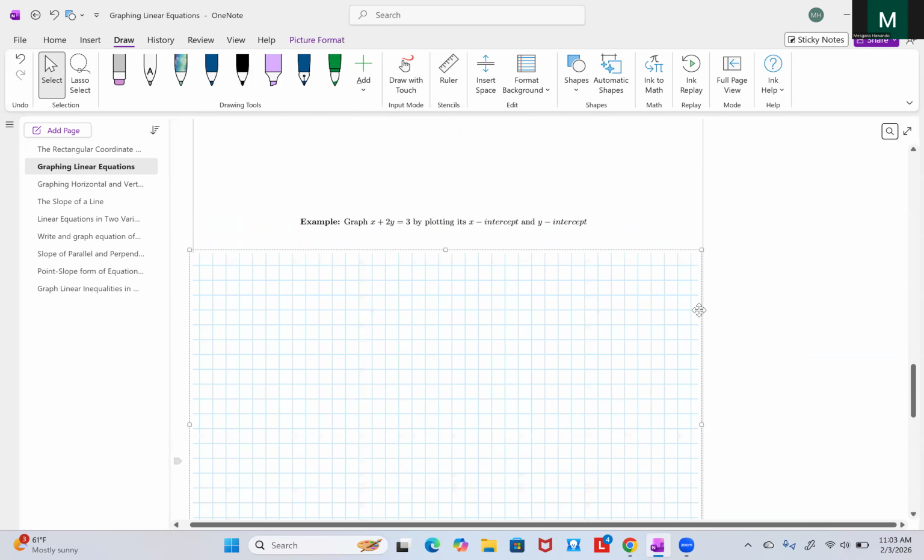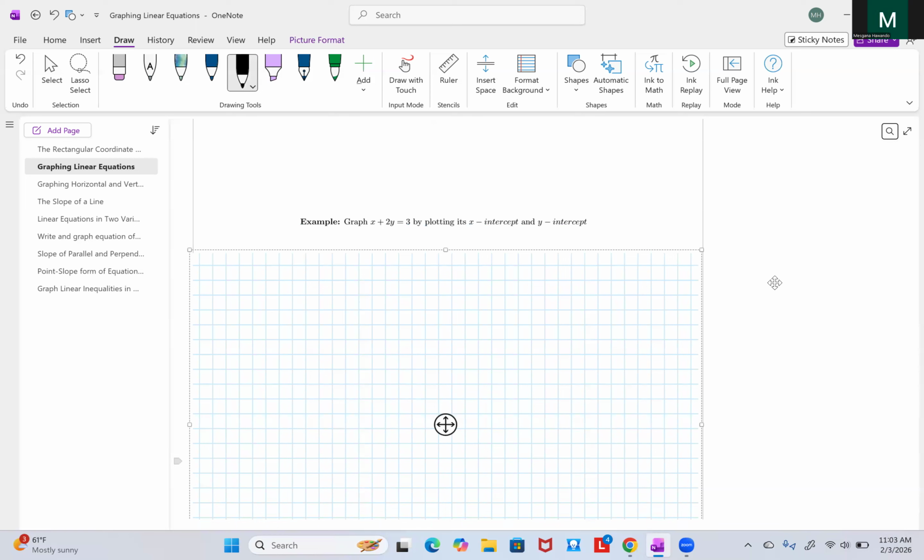So here, first, let's find the x-intercept. The x-intercept is the point where the graph crosses the x-axis. That means y is 0. The y-coordinate is 0. So now we already know the y-coordinate of the x-intercept, and we can find the x-coordinate.